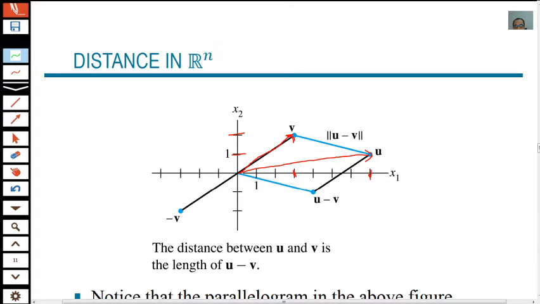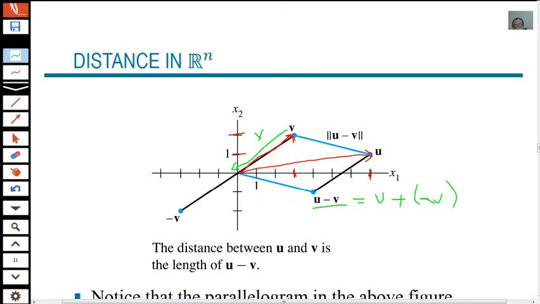Namely, we move the negative v to here to find u minus v, because we want to apply addition for u and minus v, by writing u plus minus v. For this, we use the parallelogram rule. So minus v becomes this form, in the opposite direction.